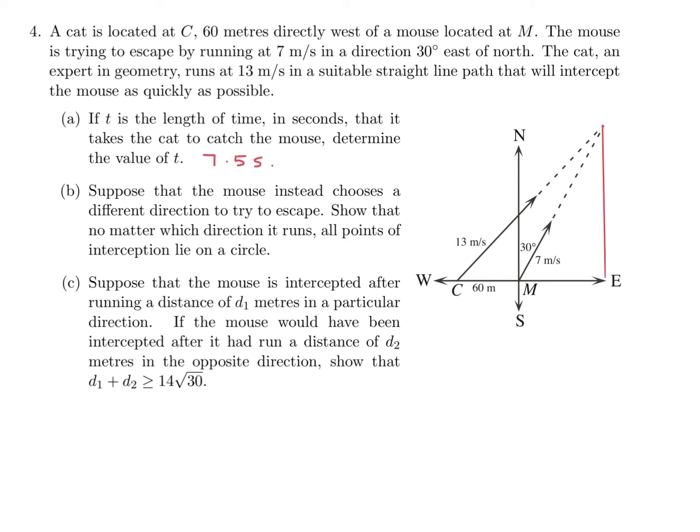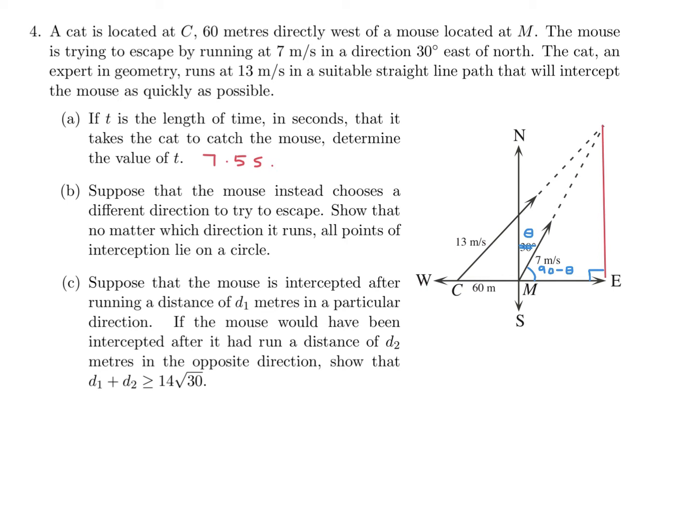So instead of 30, I've got to just use theta, for any theta, no matter which direction the mouse goes. This is a right angle, the way I drew it, and therefore this angle will be 90 minus theta, since this is theta.